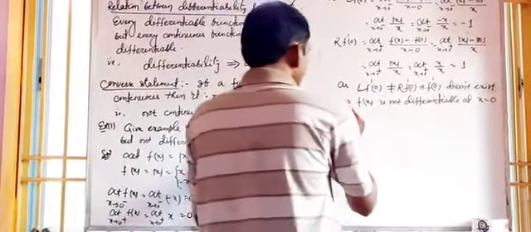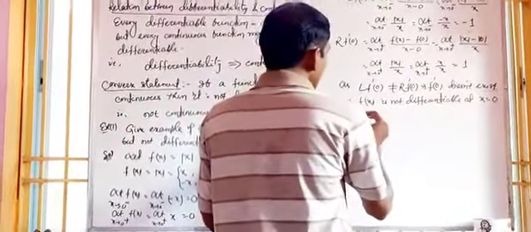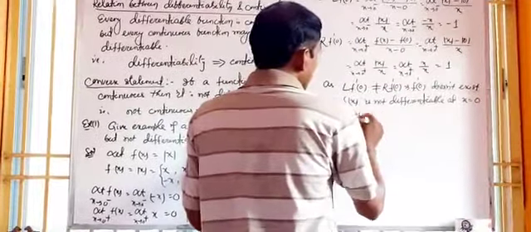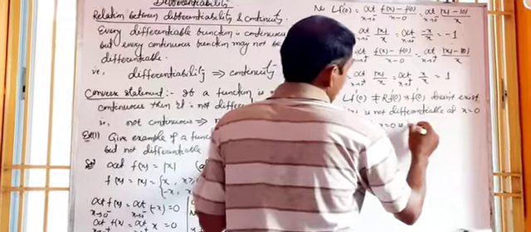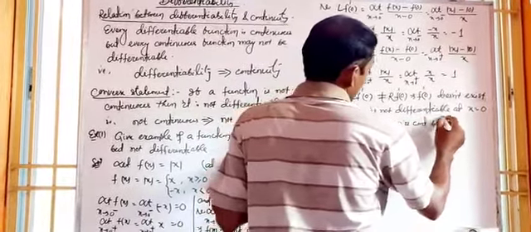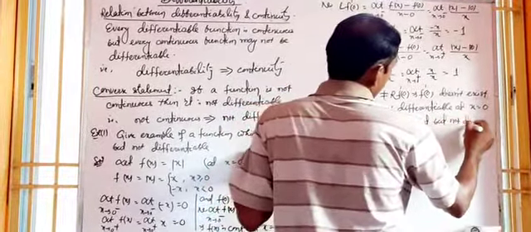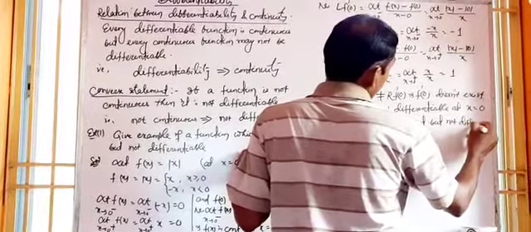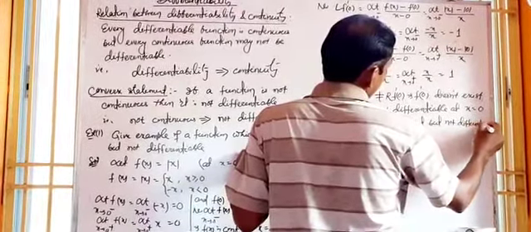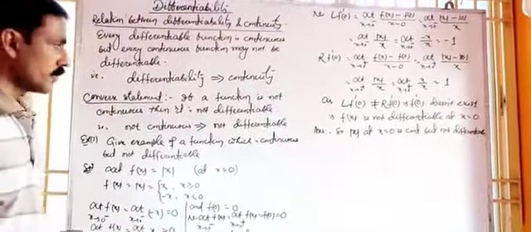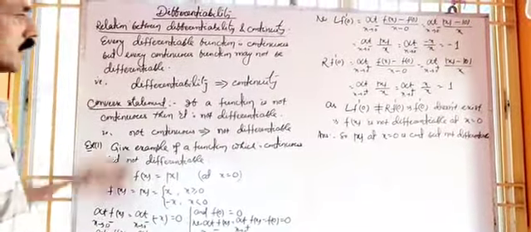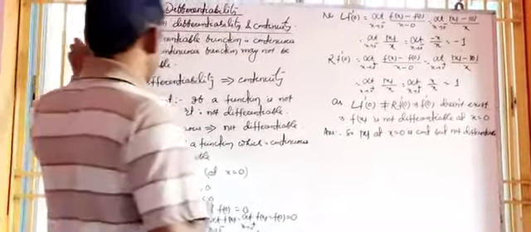So at last your answer will be, mod x at x equal to 0 is continuous but not differentiable. This is the example.